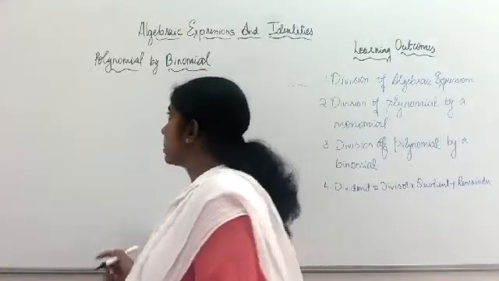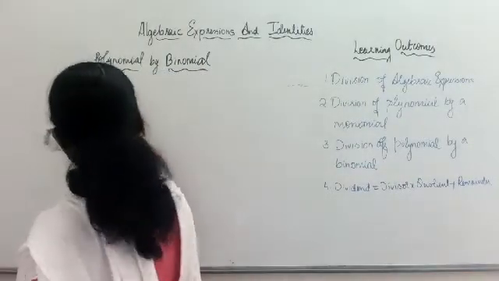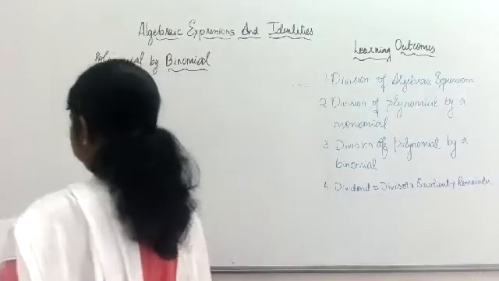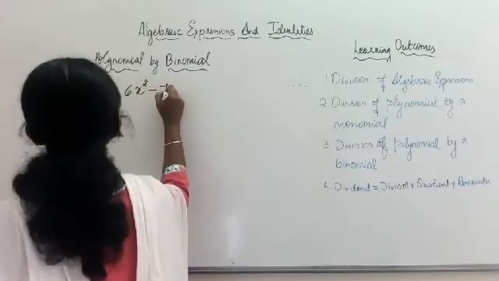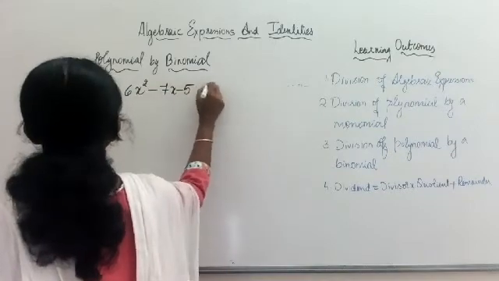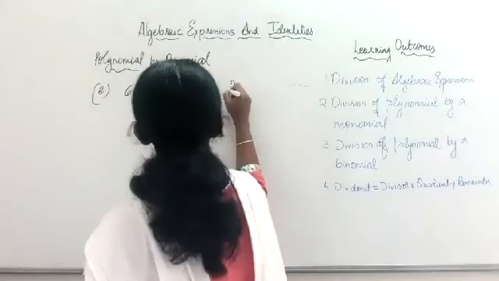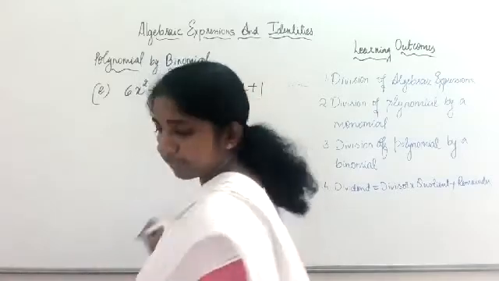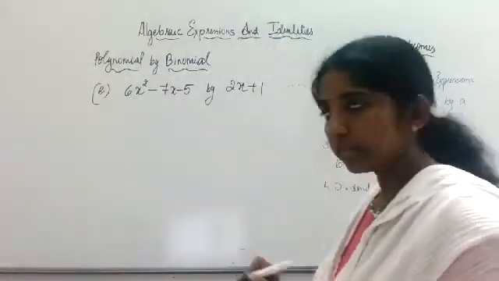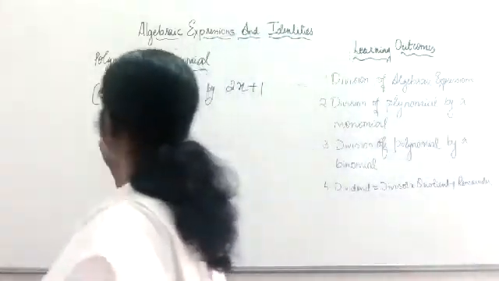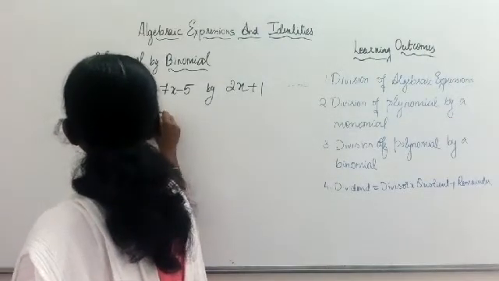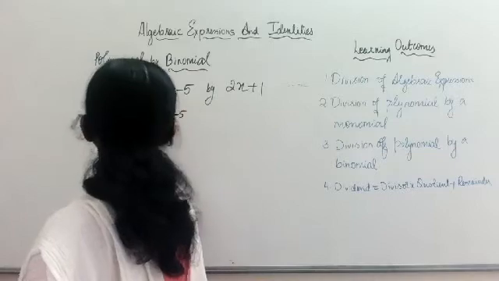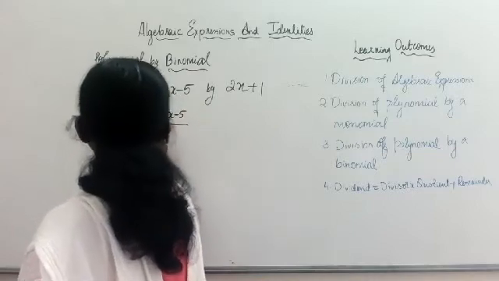So let me solve. We'll take one question. Question E. 6x squared minus 7x minus 5 divided by 2x plus 1. So we write the solution. 6x squared minus 7x minus 5 divided by 2x plus 1.